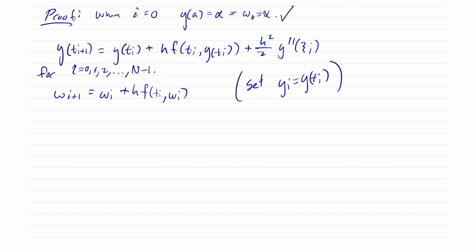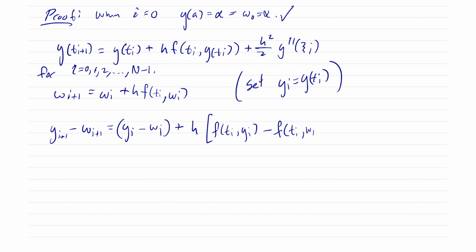So we end up having y_{i+1} minus w_{i+1} is equal to y_i minus w_i, like we have two members of our sequence that we're thinking of, plus h times these two f's: f(t_i, y_i) minus f(t_i, w_i).